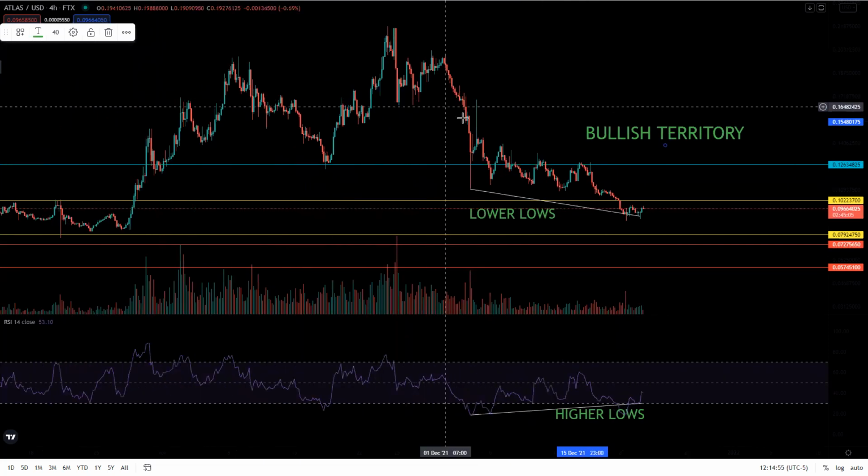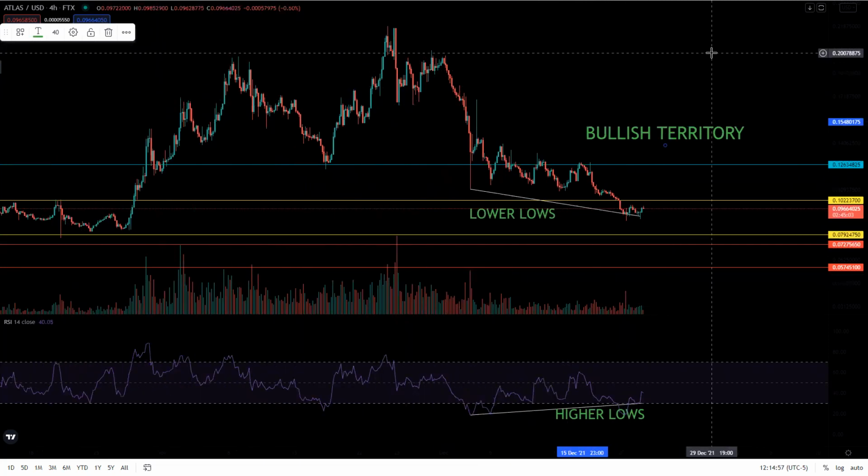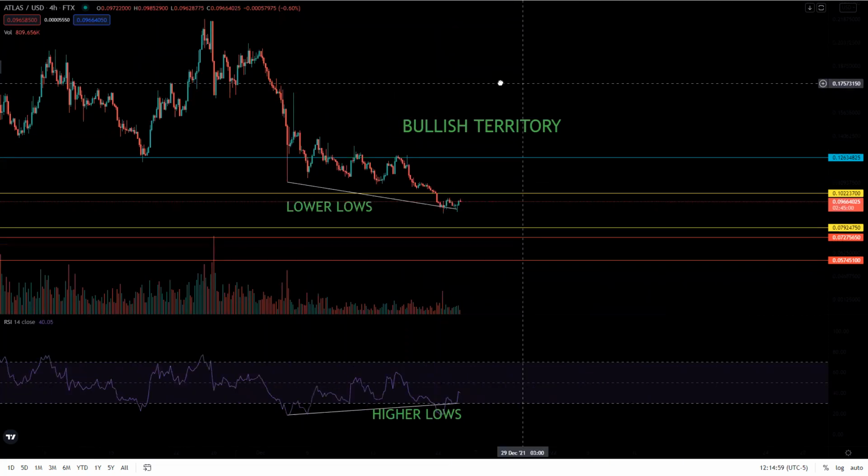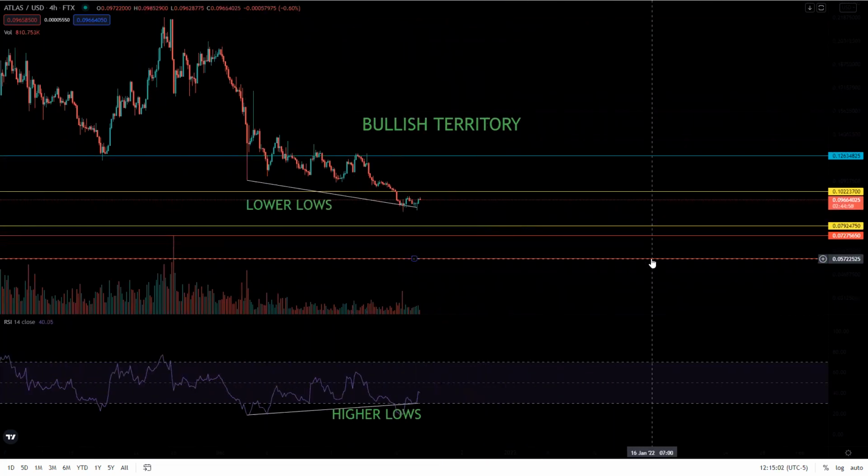If we're going to make new all-time highs, or if we're going to get near them and face resistance and drop. So just remember, 0.102 is our current strong resistance level we need to get past right now. If we can't get past 0.102, we're going to either be dropping lower or consolidating and trading sideways.